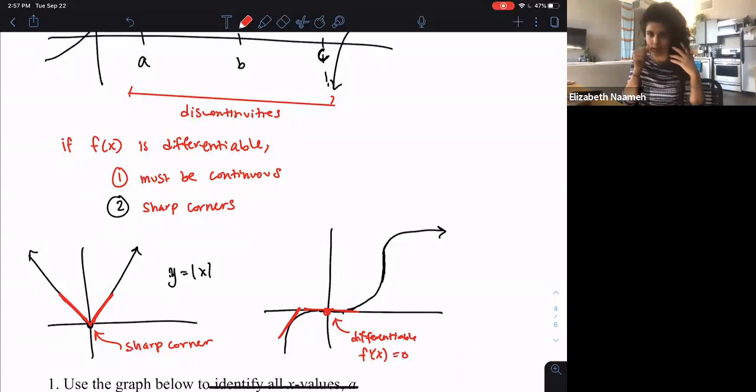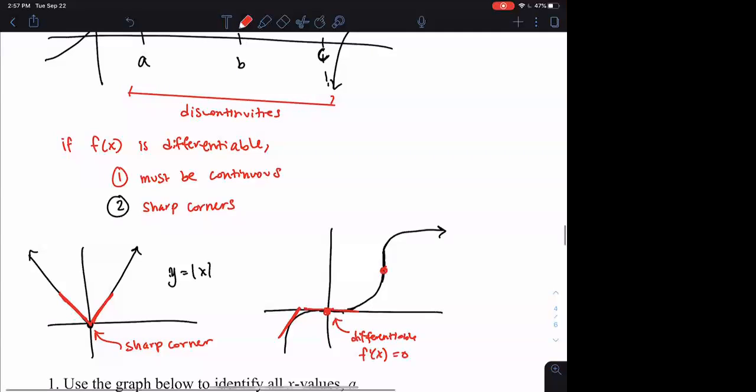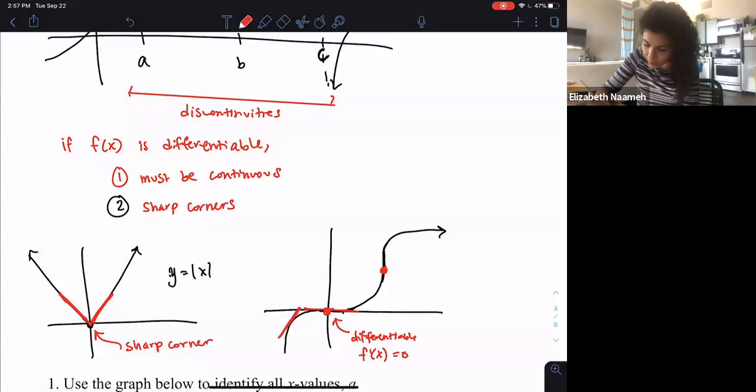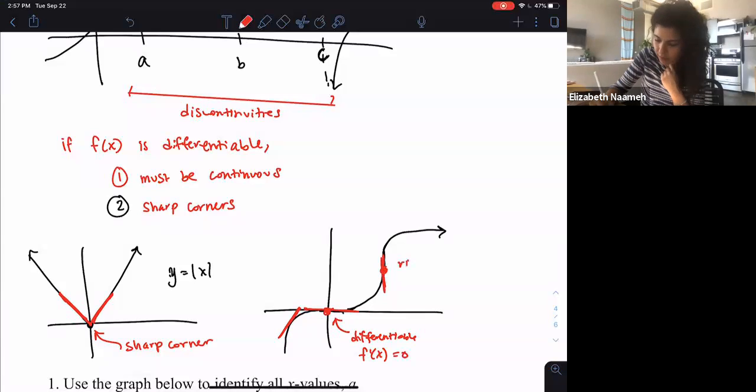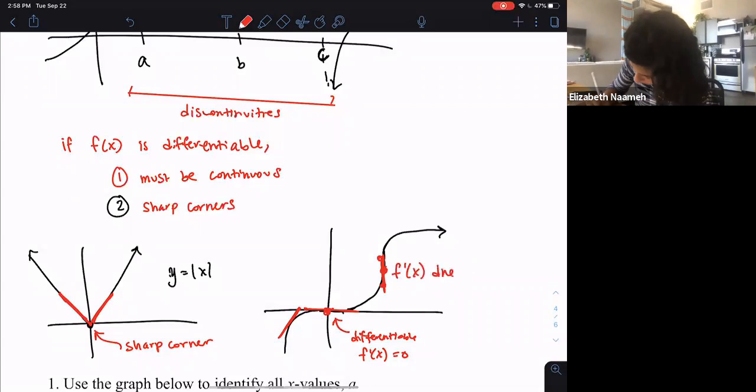But look at this one. What's the slope of a line like this, straight up and down? It does not exist, because the rise is infinity and the run is 0. If you didn't know, write it down: here, f prime of x does not exist.